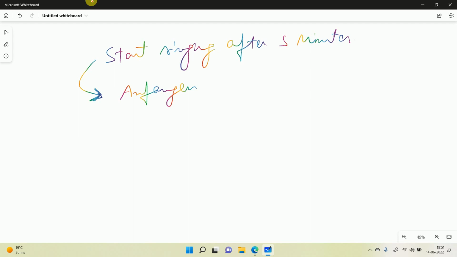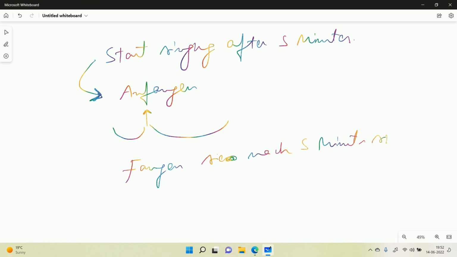Great. So actually, in our next session, we will be talking about trennbare verbs, wherein you will find that this an will be taken away and fangen is left. So it becomes fangen Sie, nach 5 Minuten singen, something like that.